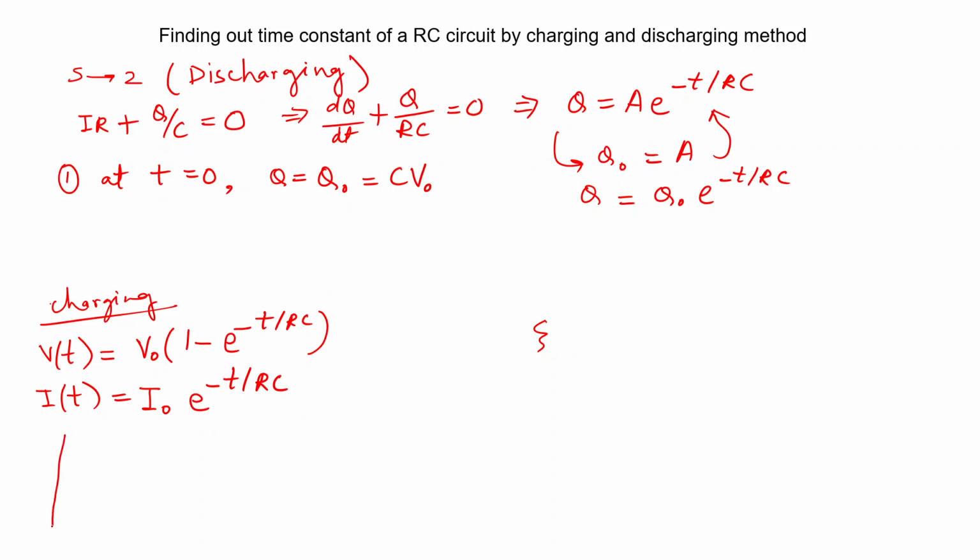If I draw a graph of current versus time, the current in the circuit decreases exponentially, starting at some I naught at t equal to 0.